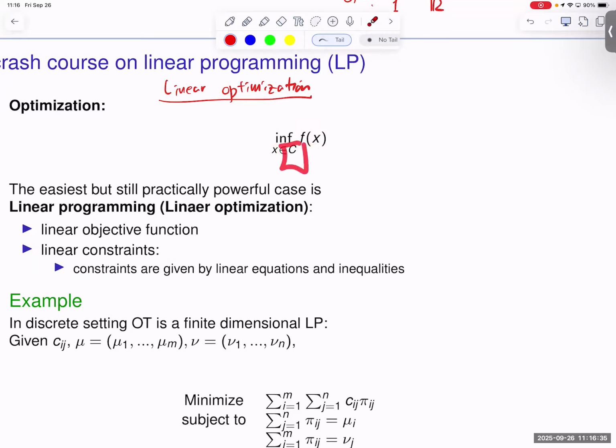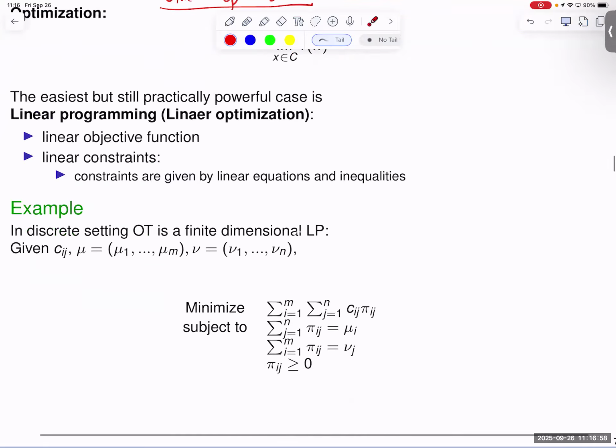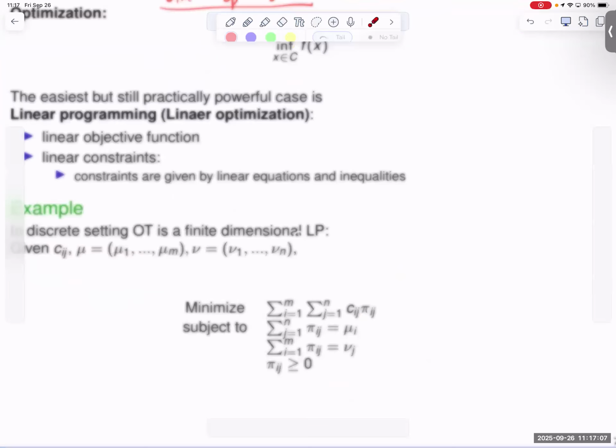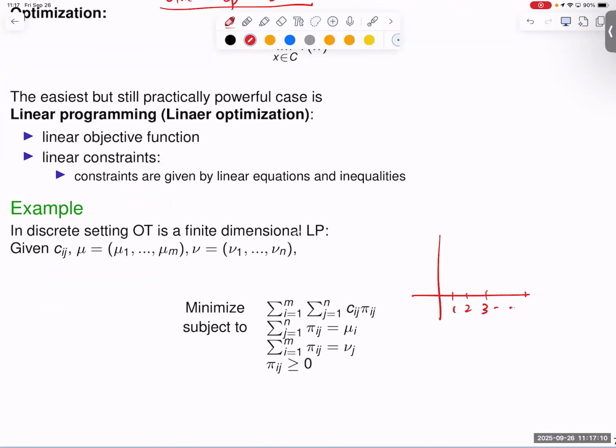And the constraint, as a set, is not a linear space, but something defined by linear equations and inequalities. They're linear constraints. For example, take the optimal transport problem in the discrete setting. Here pi_ij are the transport plan. You have 1, 2, 3, up to n for i, and 1, 2, 3, up to n for j.